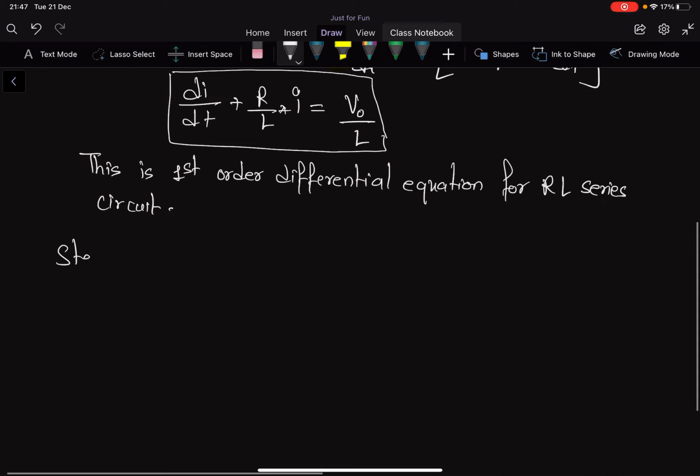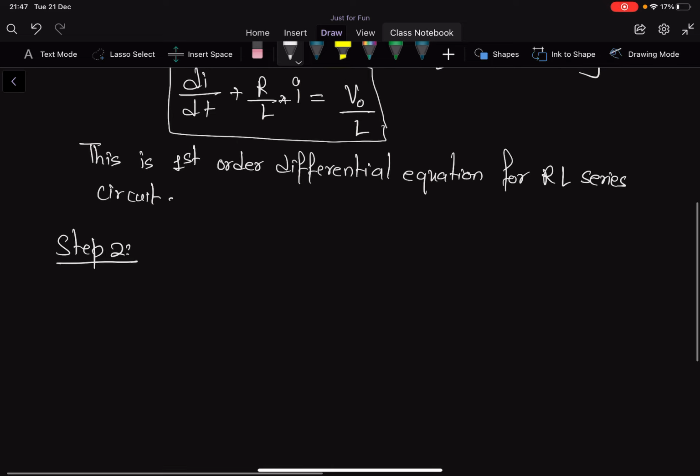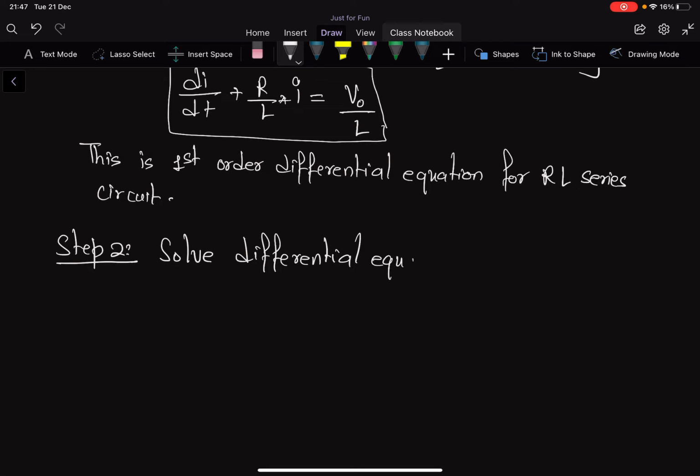In step 2, we're going to solve the differential equation. To solve a differential equation, we have different methods. It's up to you whatever method you want to choose.